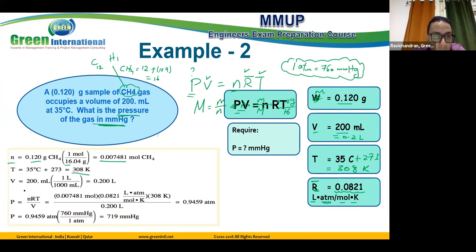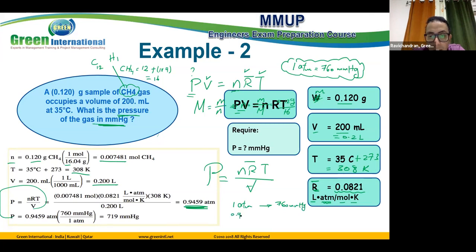Temperature and volume, we change to standard units. So we can get pressure directly from this equation, P equal nR bar T over volume. You get at the end the value in atmosphere. How to change it from atmosphere to millimeter mercury? Just like cross multiplication: 1 atmosphere, 760 millimeter mercury.